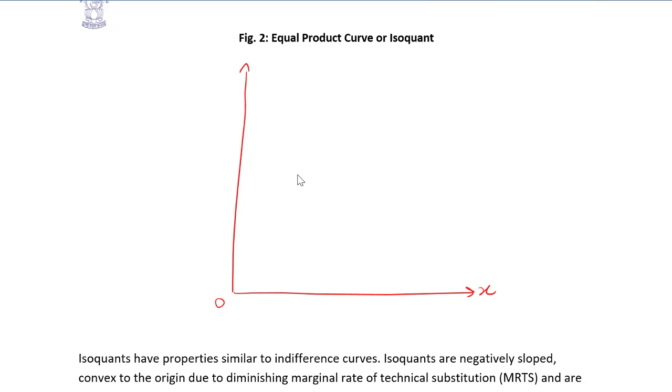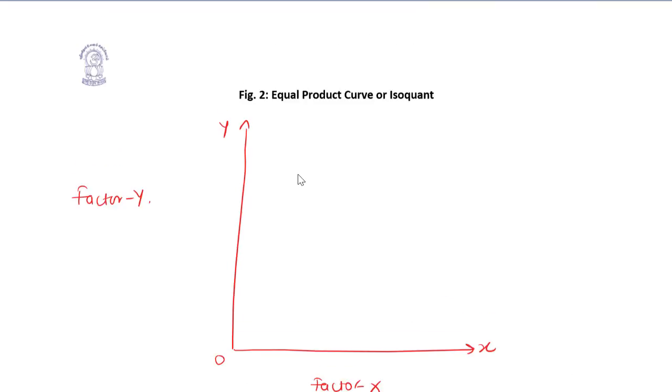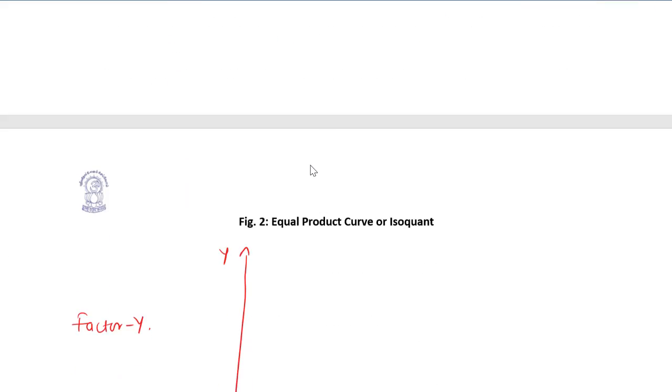X is the origin, Y. On the x axis we are plotting factor x, and on the y axis we will plot factor y. Factor x: 1, 2, 3, 4, 5.